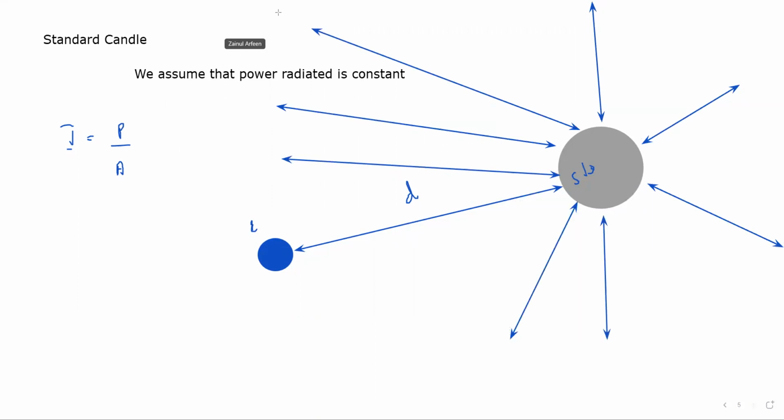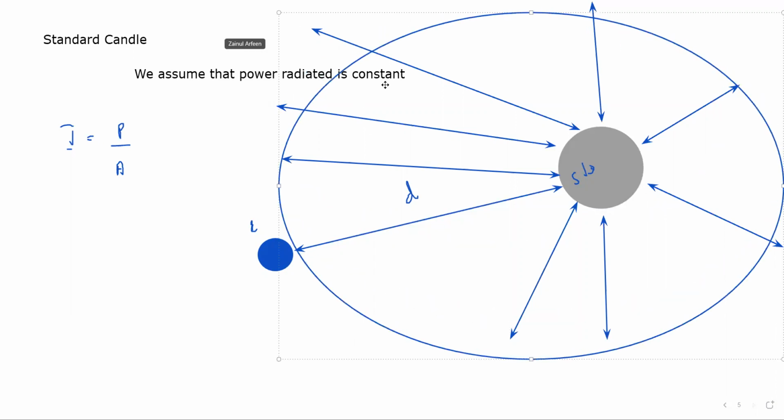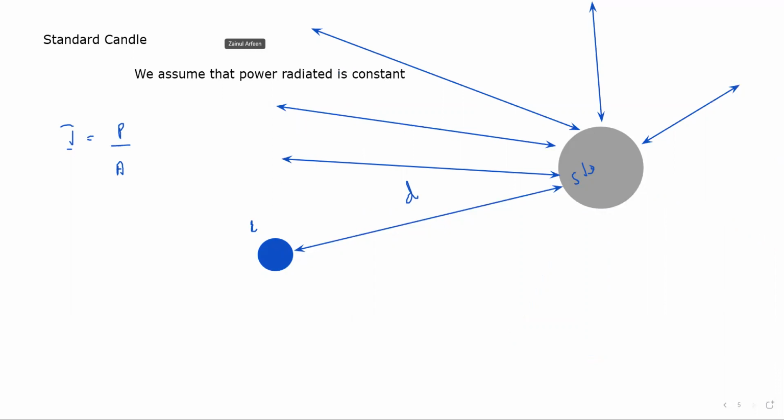So when we join all these points, what will it become? It will become a sphere, with the star at the center. All these distances are the same. Intensity can only be calculated as how much power is coming on a unit area.